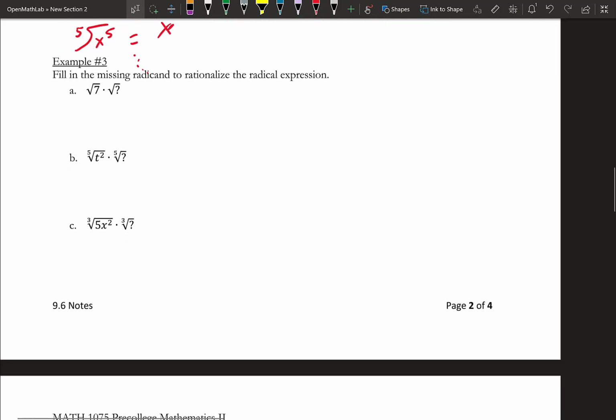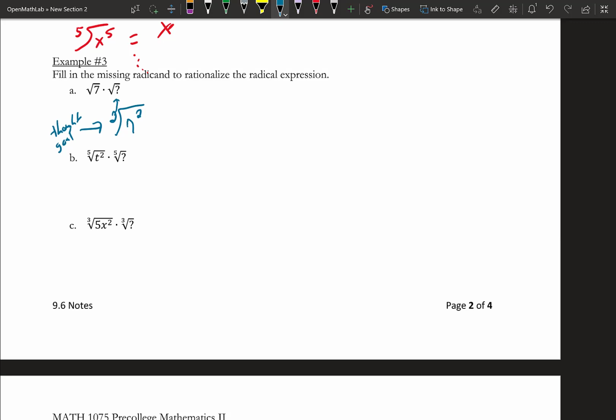So in example 3, it says fill in the missing radicand to rationalize the radical expression, right? In other words, what do I need to put in the question mark in order to get rid of the radical sign? In this case, what I'm thinking in my mind is I want to get this situation, right? So this is my goal.